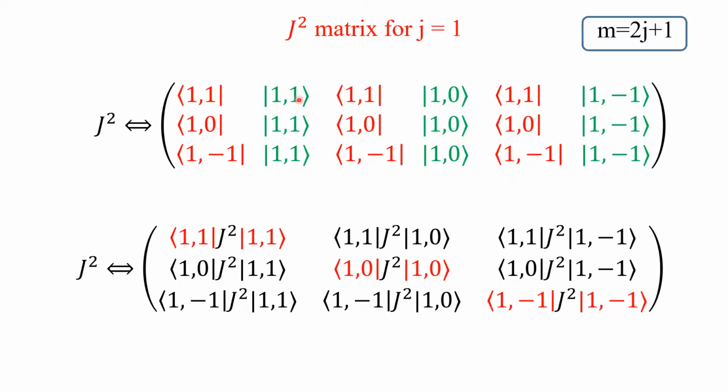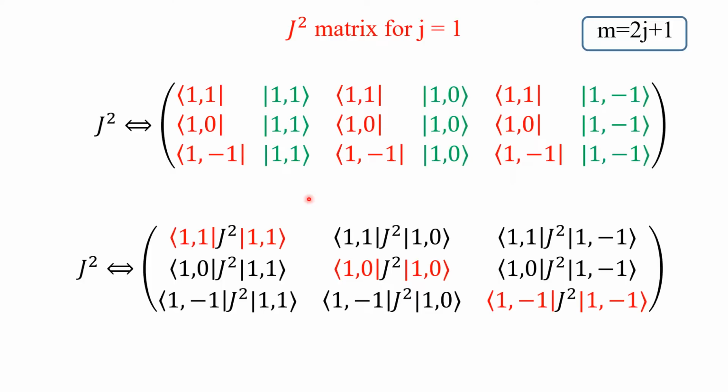So m takes the value 1 in the first row, the m value 0 I have taken in the second row, and the m value minus 1 in the third row. I have shown all of these in red color. All bra vectors correspond to row vectors. Since m has 3 values, 1, 0, minus 1, we have 3 rows.